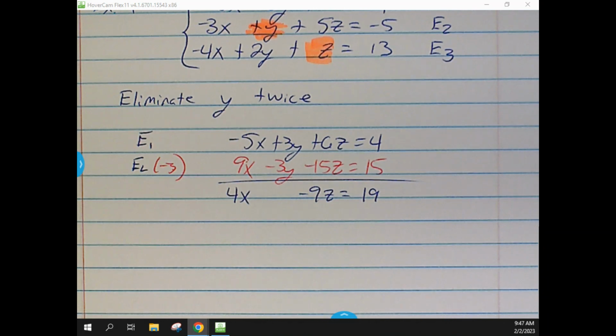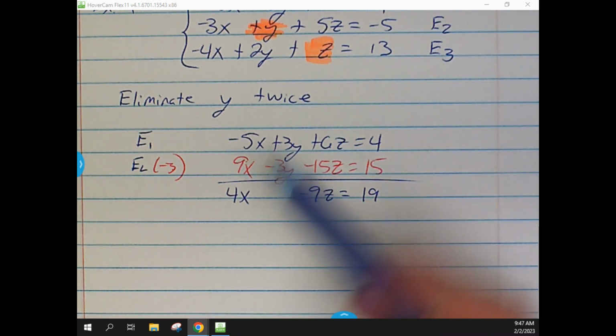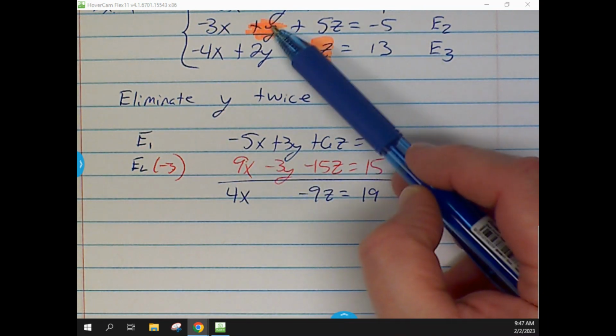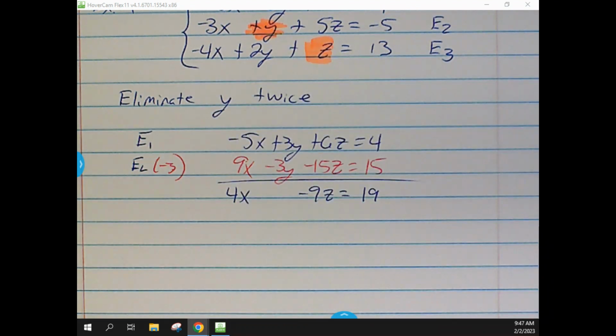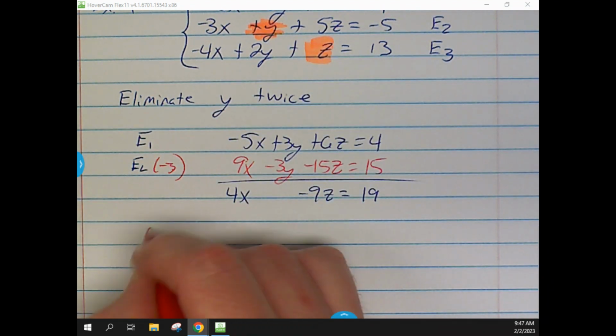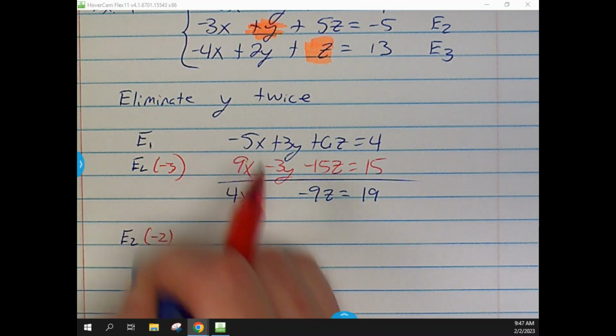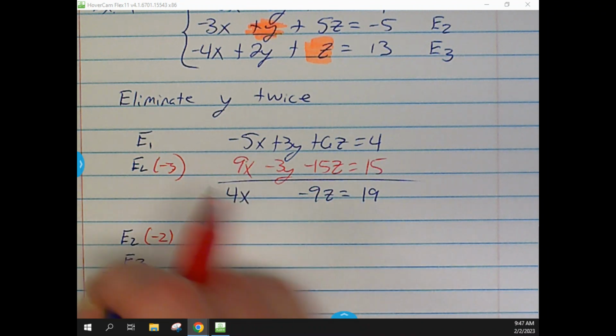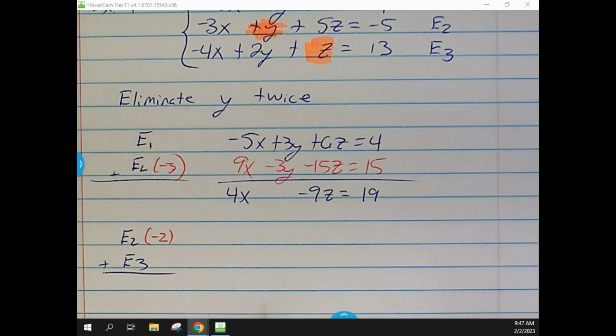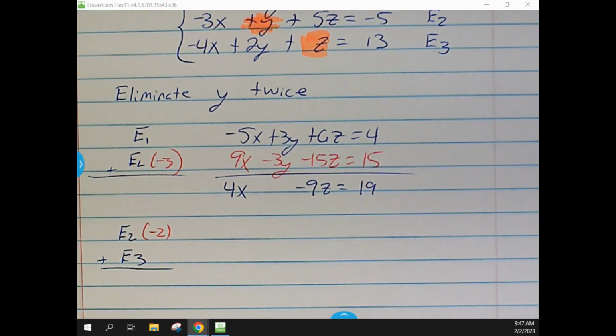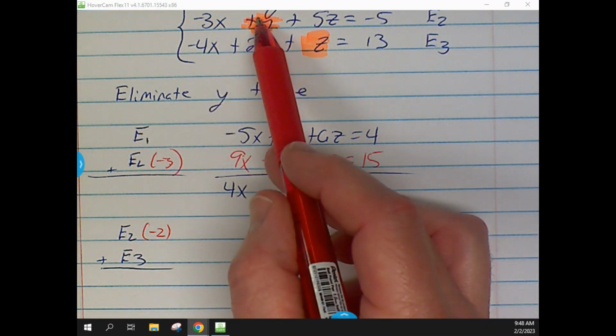Okay, so if we got rid of y with 1 and 2, again, we're going to reuse 2, so that means we're going to go with 2 and 3. So now we're going to take equation 2 and multiply it by -2, and then we're going to add that to equation 3. Because if we make this a -2, that's a +2.